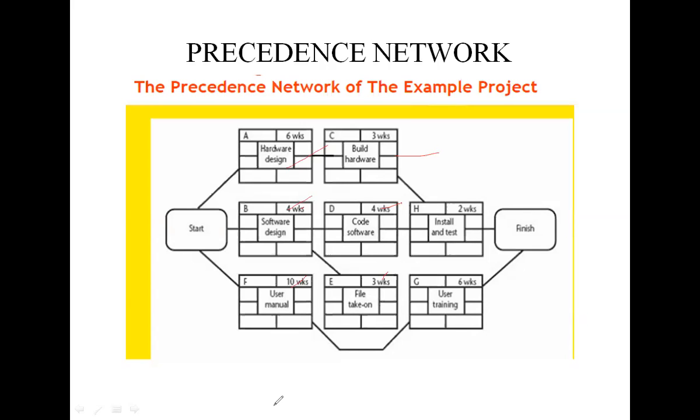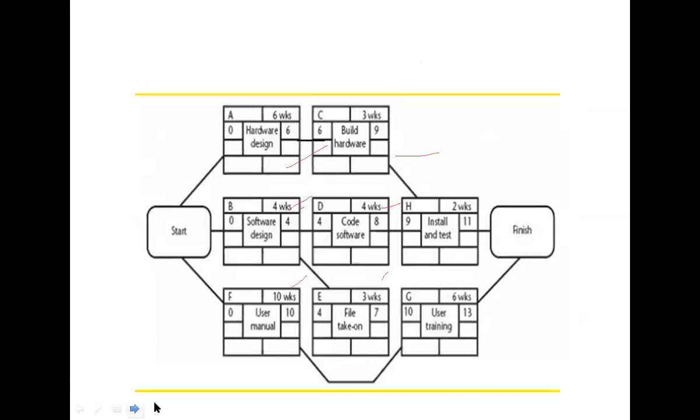So this is an example project specification with defined activity, duration and precedence requirements. In the diagram, this is the forward pass.